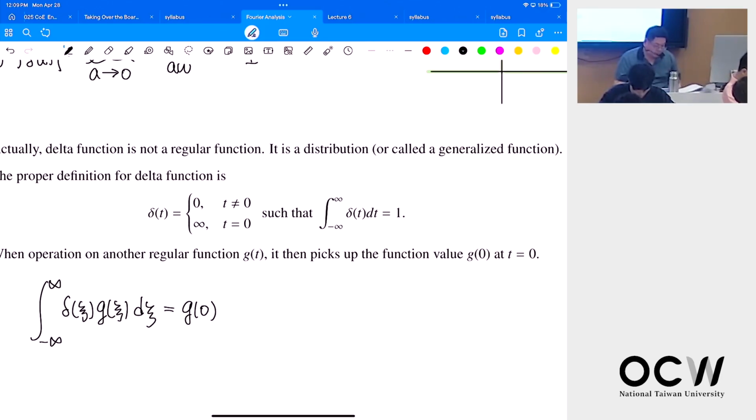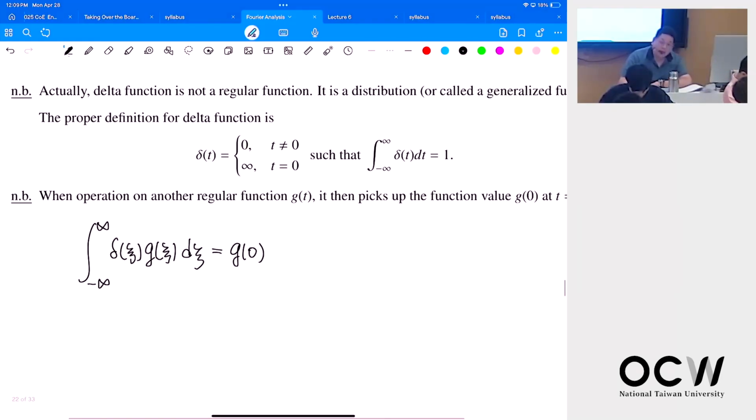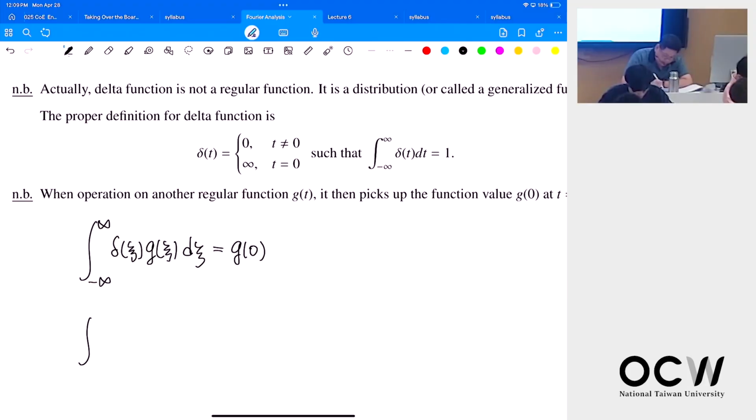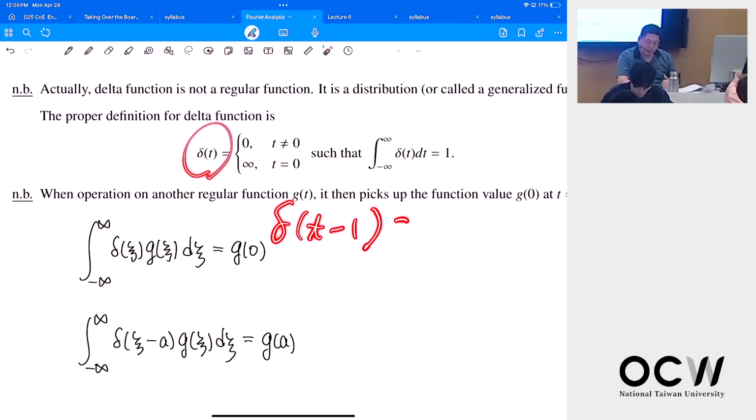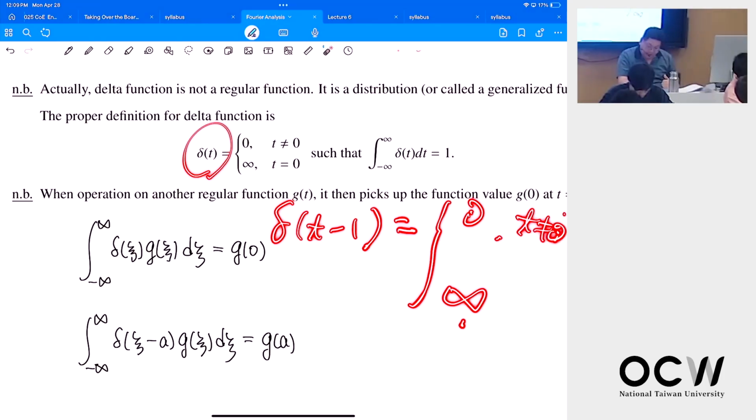That can also imply, like on Wednesday, we will also talk about some properties. If I shift, then that means I have a value at a. If I shift to t minus 1, what does that mean? Still 0 or infinity. But here, when t is not 1, that's all 0.